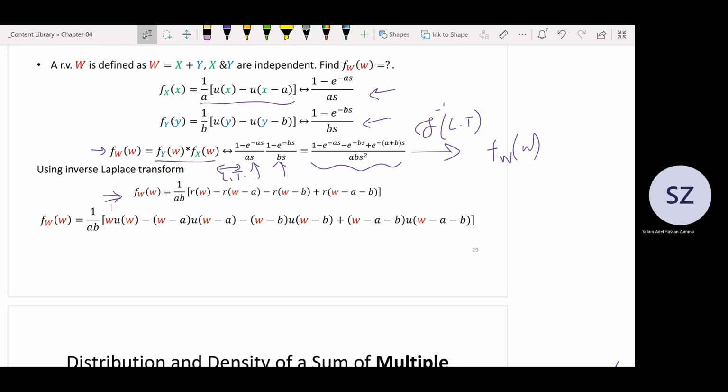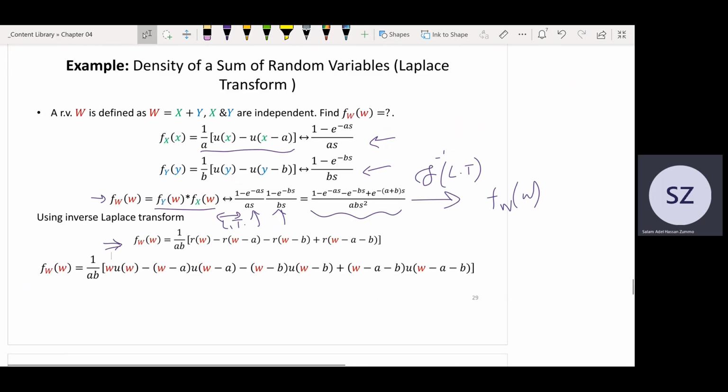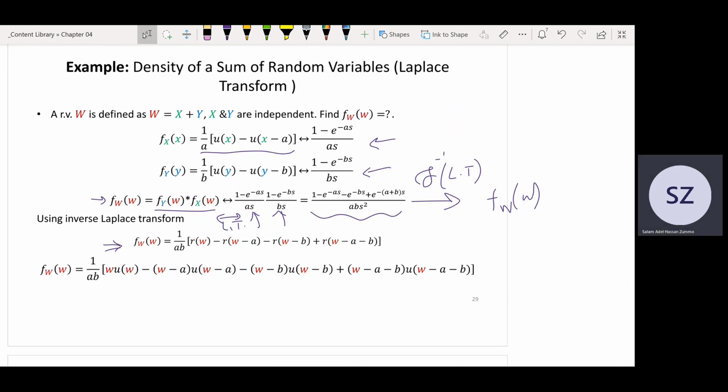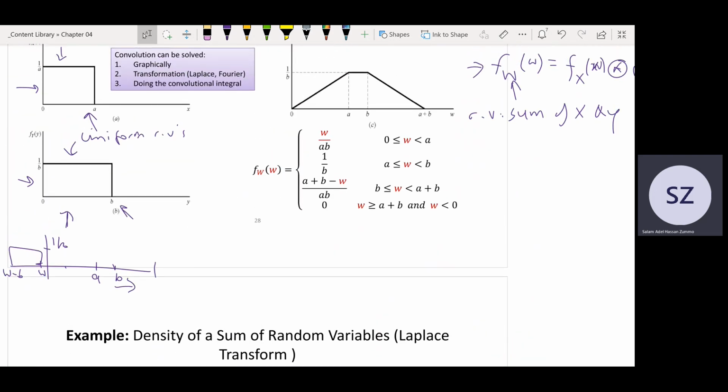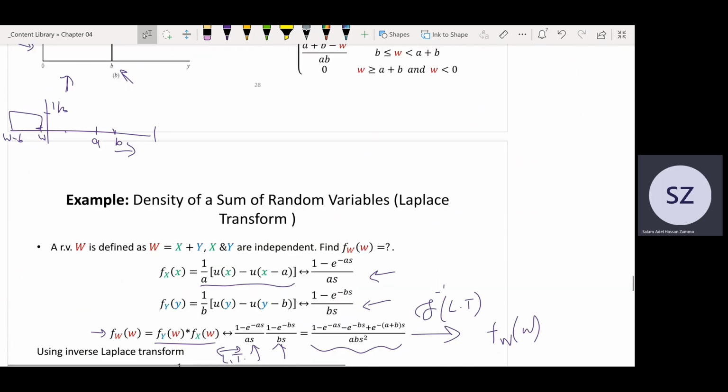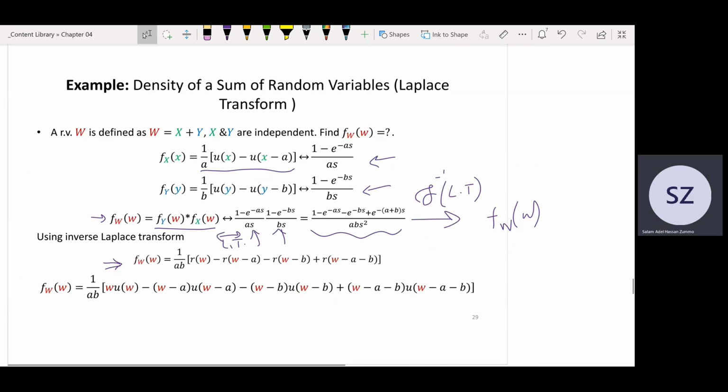In this particular example, because the functions are nice and constant, it is much easier to do it using graphical convolution. But if I give you another, more complicated function, like x squared or e to the minus x, it will be easier to go using the Laplace transform.